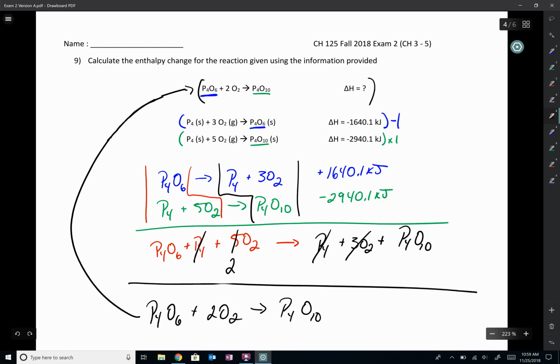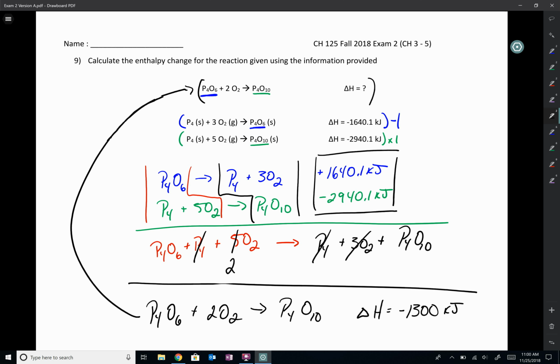Yep, they look the same to me, right? Then we actually answer the question, and then we have to add up our delta H's here. And I got it to be about negative 1300 kilojoules. I just add up my blue and my green values for delta H, and I get my value for delta H for the overall reaction.